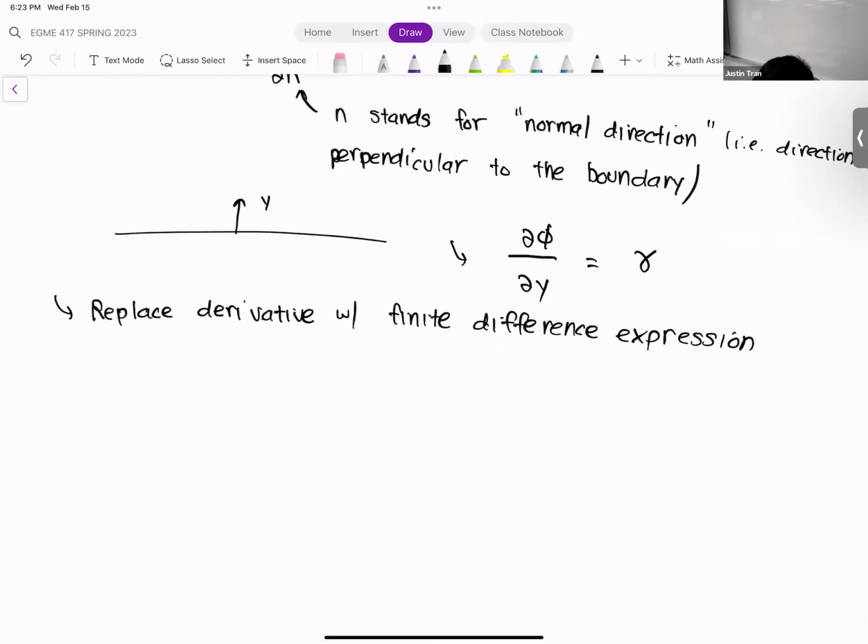And so, when we have this derivative here, what I like to do is take the difference between what I call the inner node, so I'll call that phi inner, minus phi boundary, divided by delta.